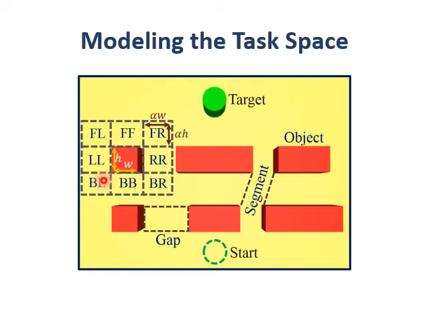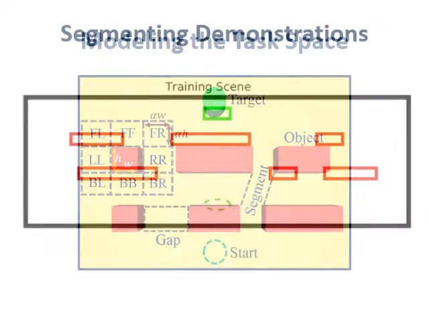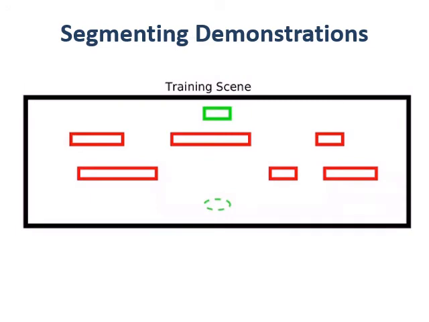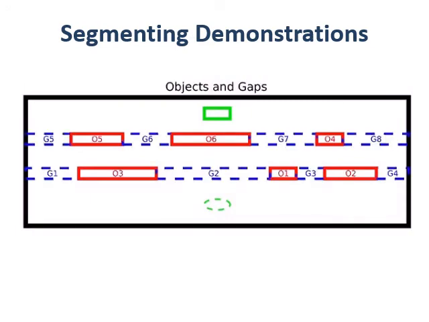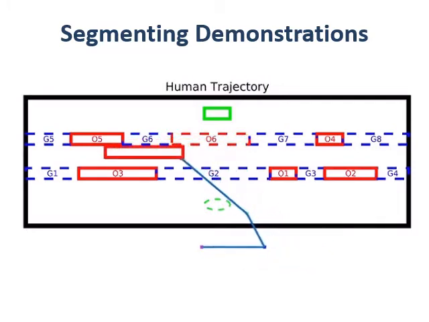This structure is fixed during all the training scenes in VR, but we will show later in the experiment sections how to generalize beyond this. Given a training scene like this, we locate the objects and the gaps, and we have the ground truth human trajectory.